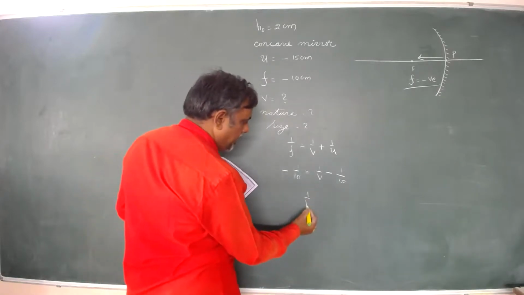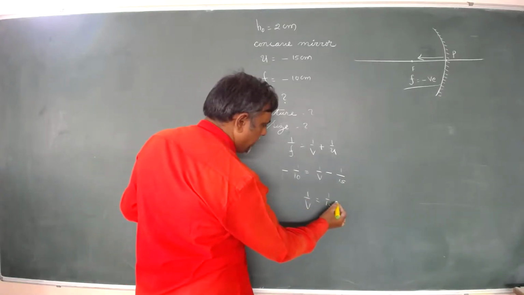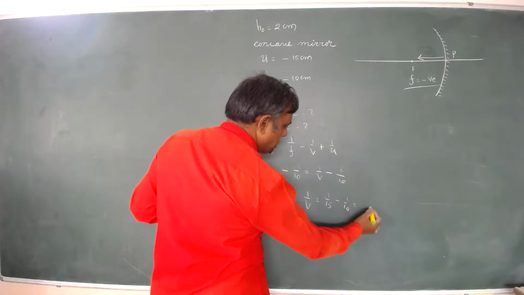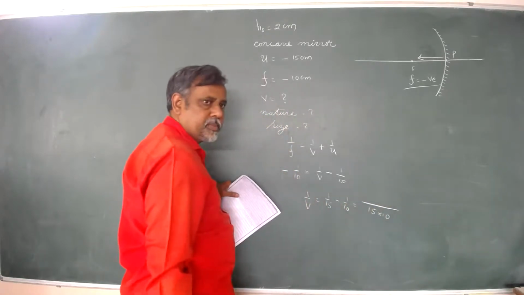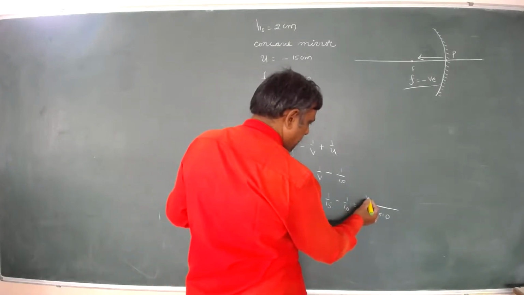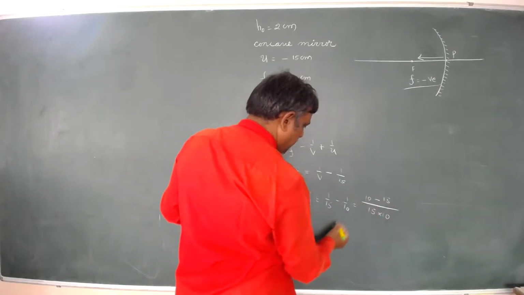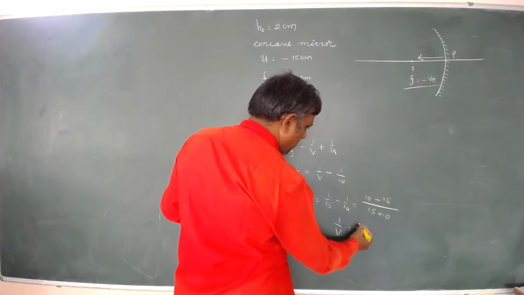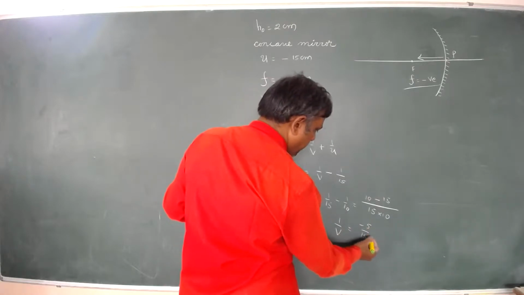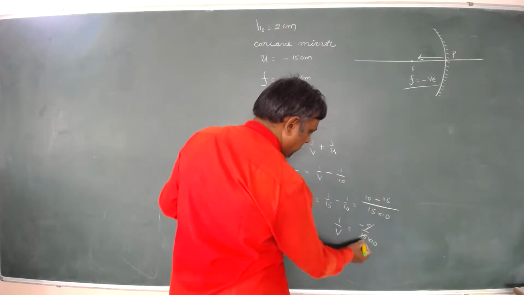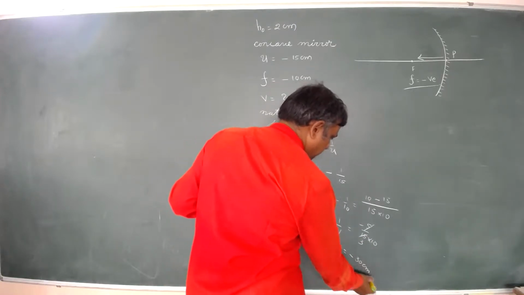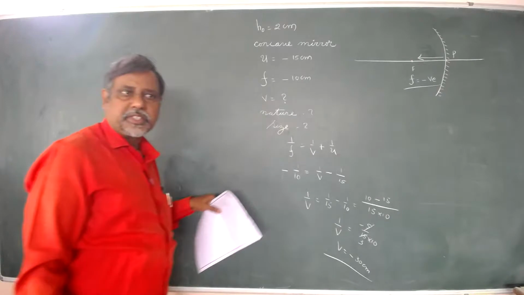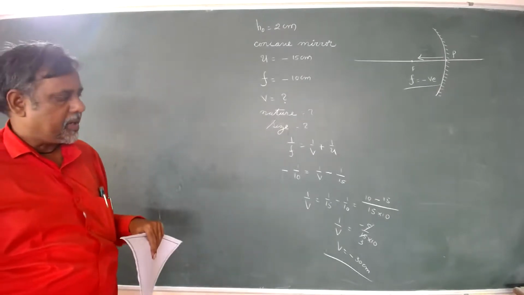So 1 by v is equal to 1 by 15 minus 1 by 10. Take the LCM, 15 into 10. But 10 minus 15. So 1 by v is equal to minus 5 by 15 into 10. This is 3 times. Therefore, v is equal to minus 30 centimeter.